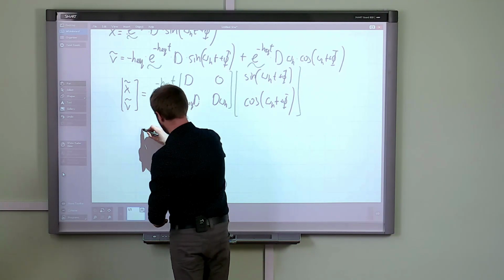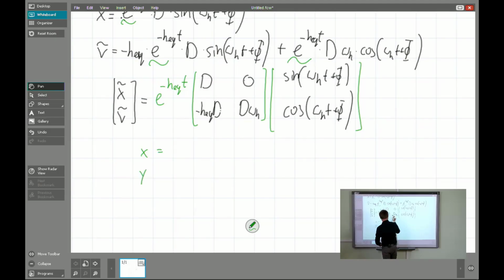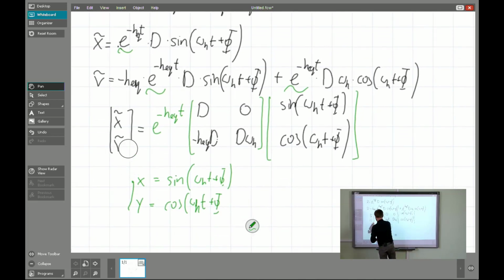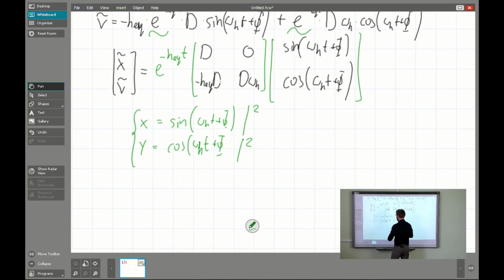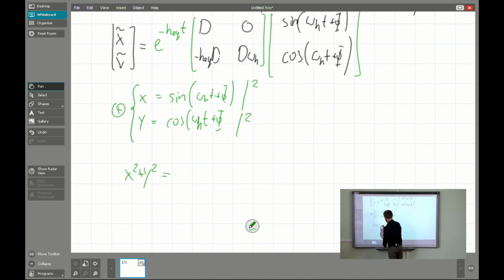It's easy to show, because if we put x as the function sine of omega h t plus phi, and y as cosine of omega h t plus phi, and if we take the squares of both sides and add both equations, we get that x squared plus y squared is exactly equal to 1.